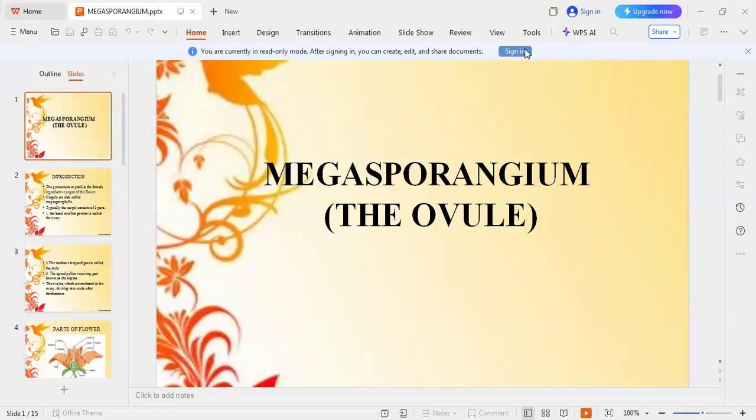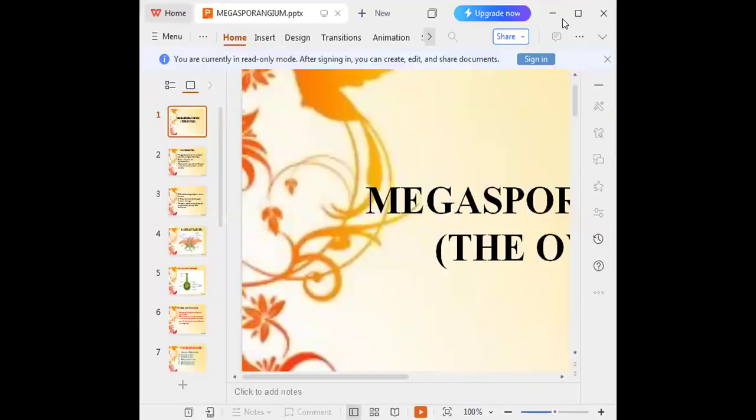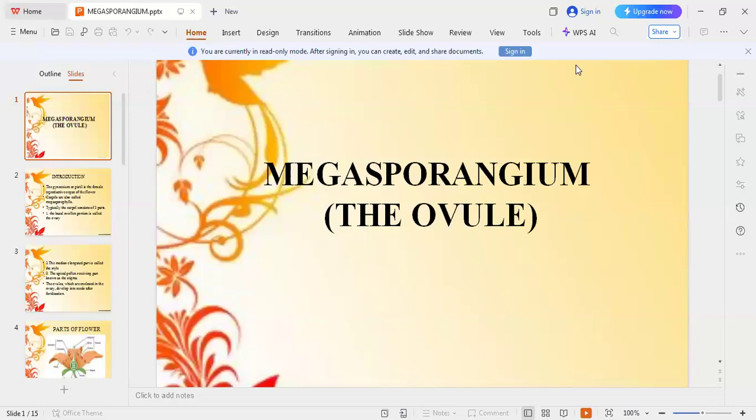Today's eminent resource person is Dr. Rani Committee Madam Garu, Assistant Professor and Head of the Department of Botany, Government Degree College, Autonomous, Siddipet. Madam is going to explain megasporogenesis, a most important topic in plant embryology.